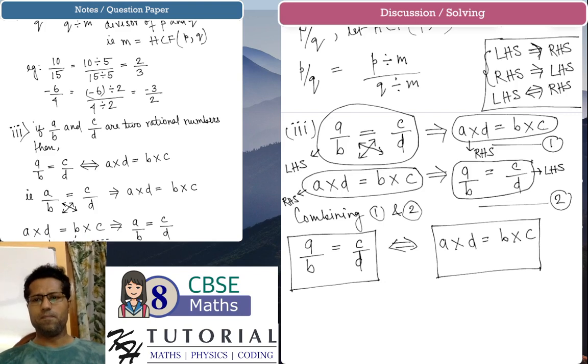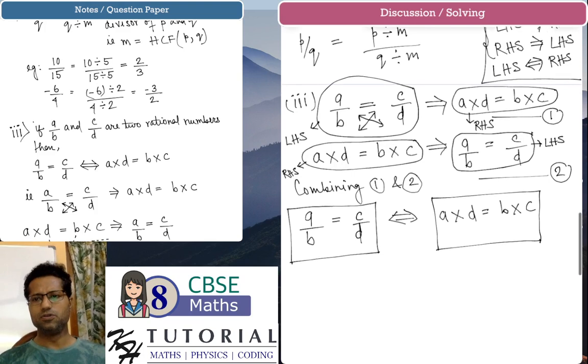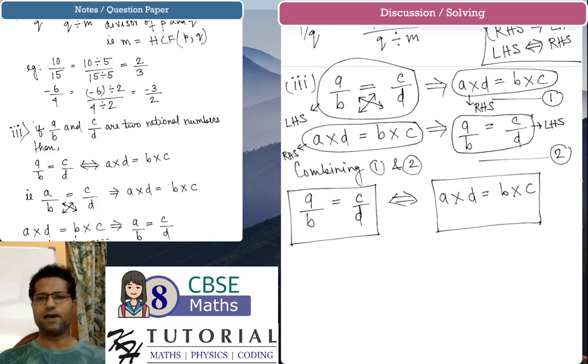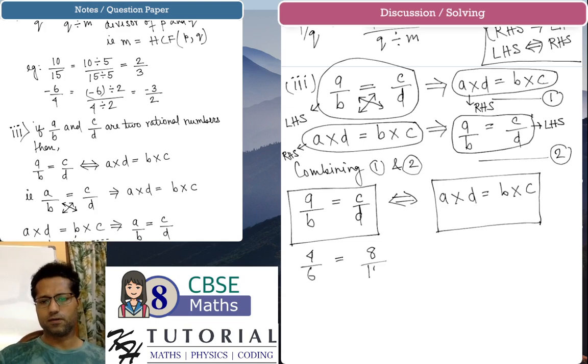So basically this property 3 is usually used to verify the equality of two rational numbers. Let's say you are asked to verify whether 4 by 6 is equal to 8 by 12 or not.